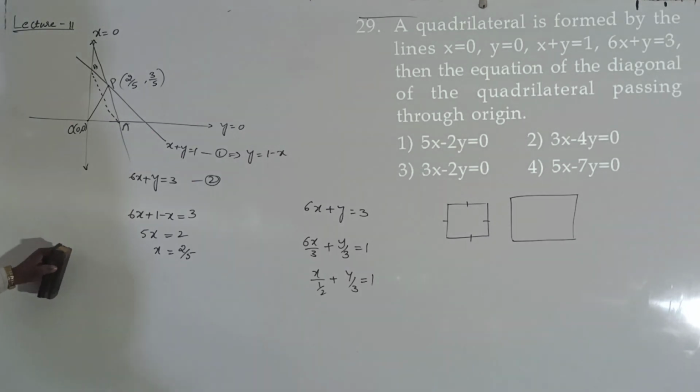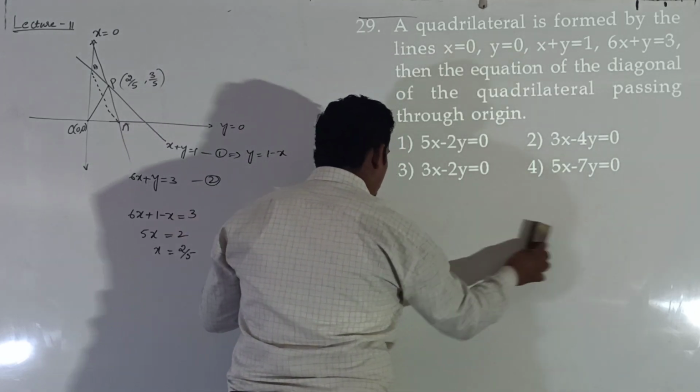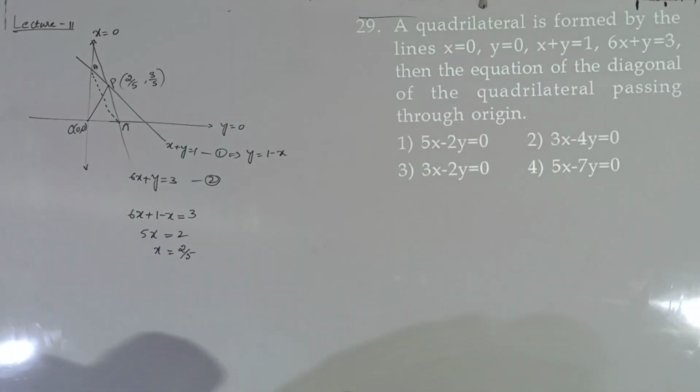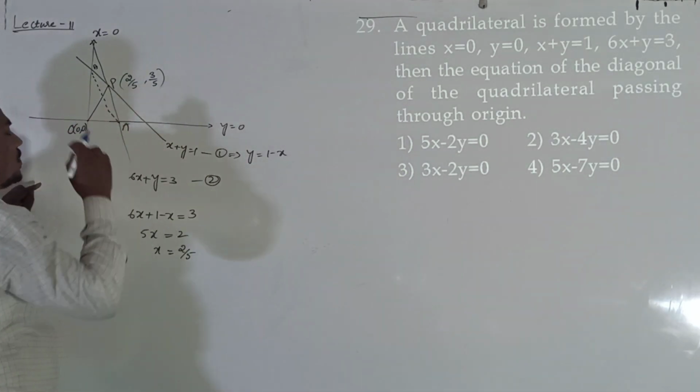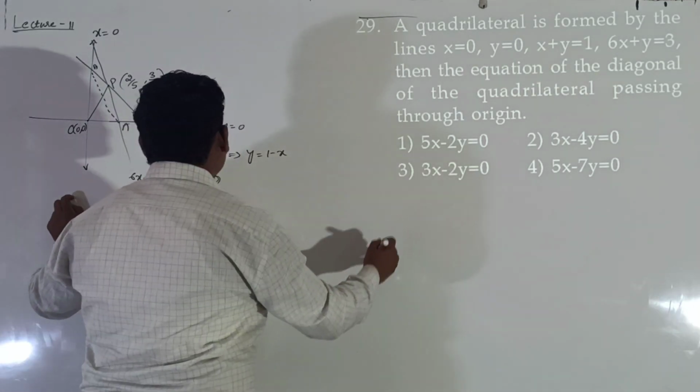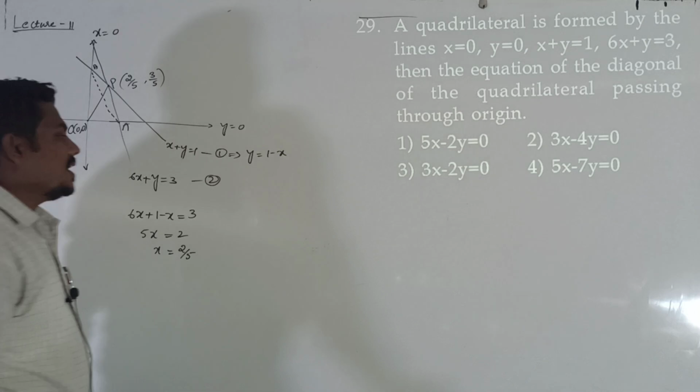After getting the coordinates of P, just use the 2-point formula, then you get the required equation of the diagonal. Now tell me the equation of the diagonal passing through the origin. Just use the 2-point formula. This is x1 y1 and point P is x2 y2.